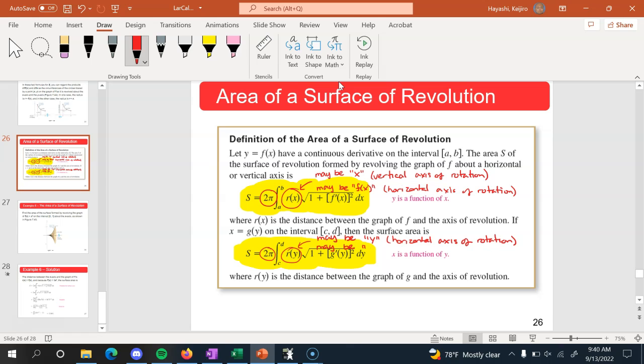Or it may be g of y if you've got a vertical axis of rotation. Essentially x, except it's going to be expressed in terms of y because it's a dy integral. You know, because x equals g of y.